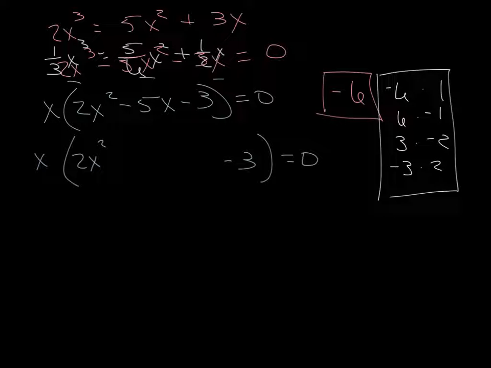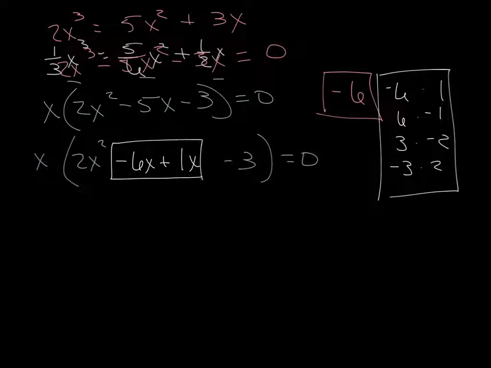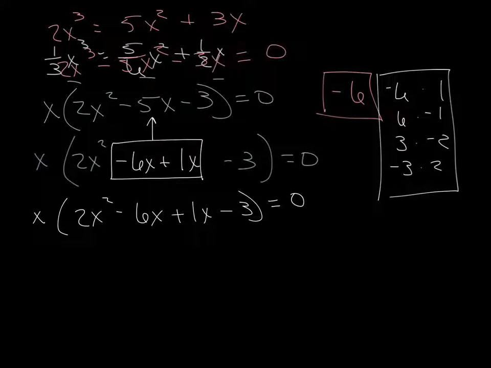So I'm going to put the negative 6 and the positive 1 here, because these two, when added together, give you that, and I'm just going to leave them like that. Now I have x times 2x squared minus 6x plus 1x minus 3 equals 0. We've done this before, so it shouldn't be too crazy.